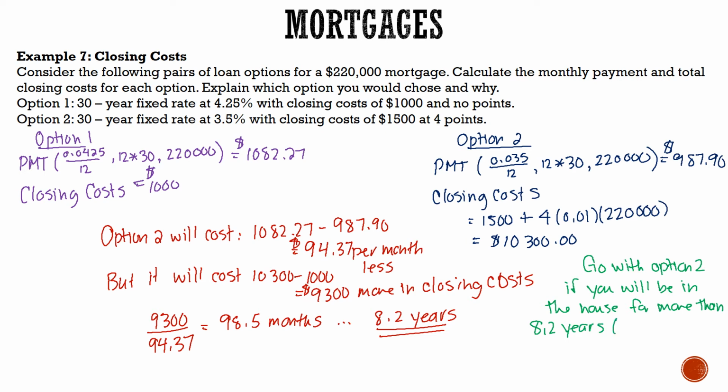Then you just keep getting the extra savings. Then you benefit from the payment savings. Otherwise, go with option 1, since that's going to be cheaper upfront in terms of those closing costs.